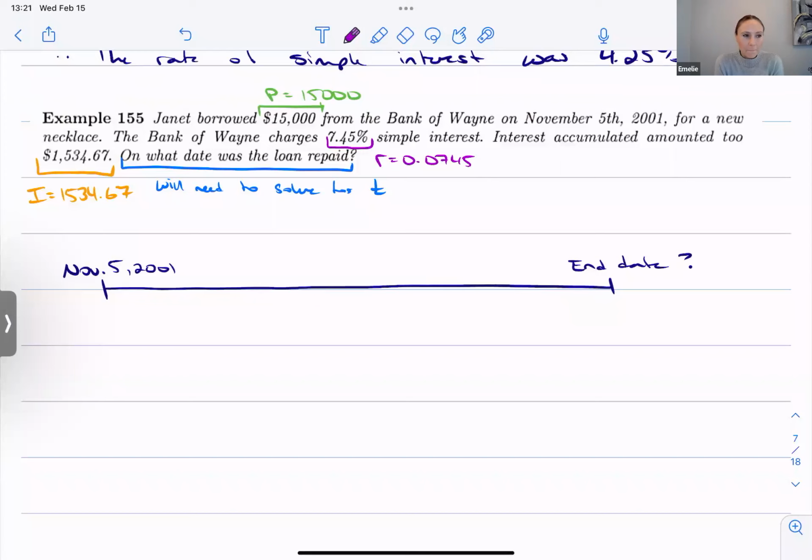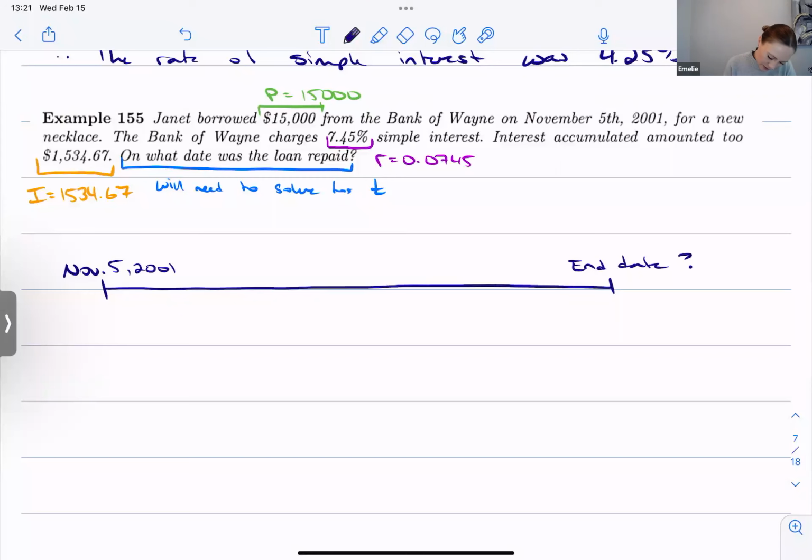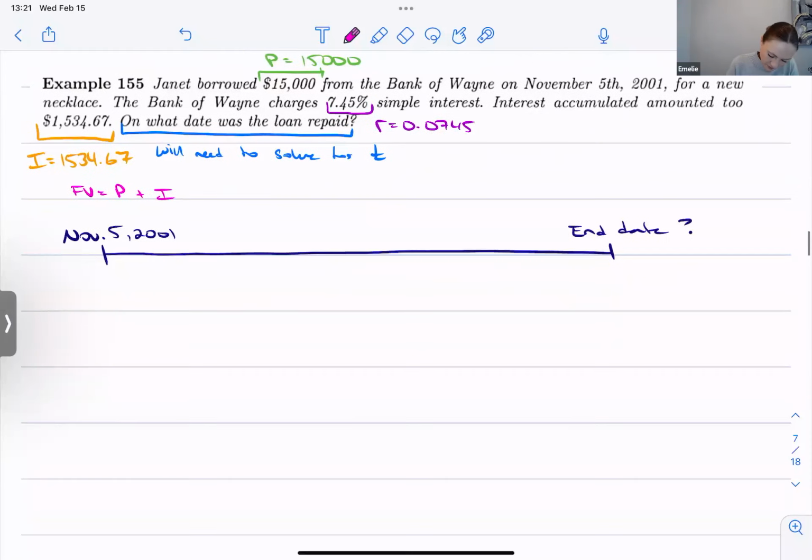In terms of our dollar amounts, most importantly, the future value is P plus I, which is going to be 15,000 plus 1,534.67, which is 16,534.67.